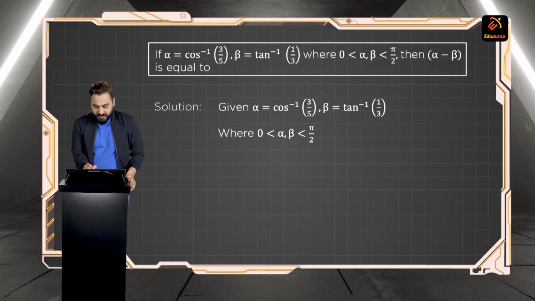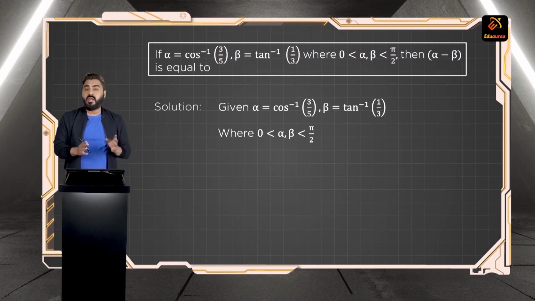Now students, we are given the condition that 0 is less than alpha and beta less than pi/2. That means alpha and beta lie in our first quadrant. Now students, how to solve this? If you see properly, we are given alpha is equal to cos inverse 3/5. That means, can we write cos alpha is equal to 3/5?